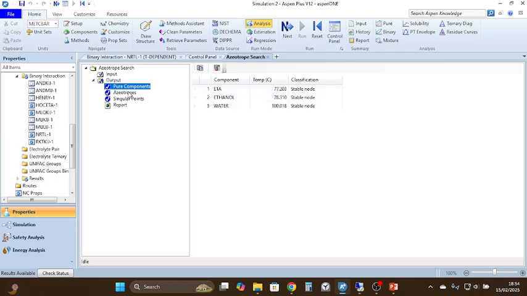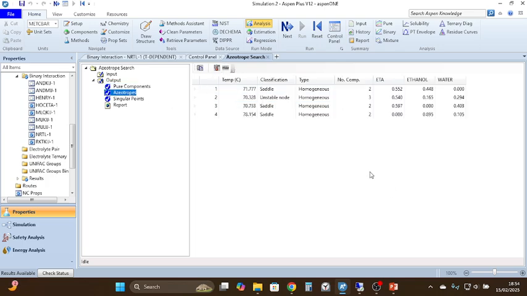Now coming to this next point, we are going to get azeotropes. These are the temperatures at which the azeotrope is formed, and the concentration at which these azeotropes are going to form is also given.